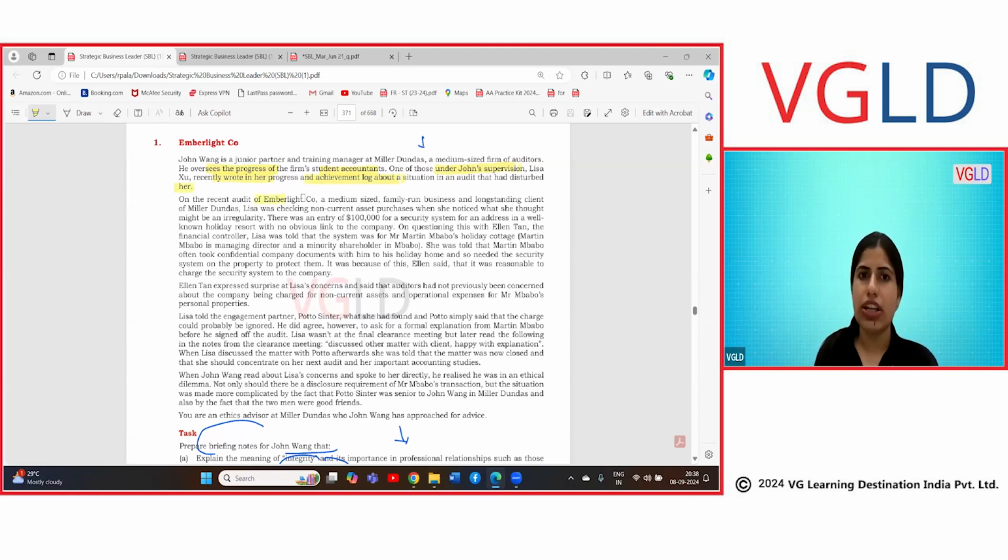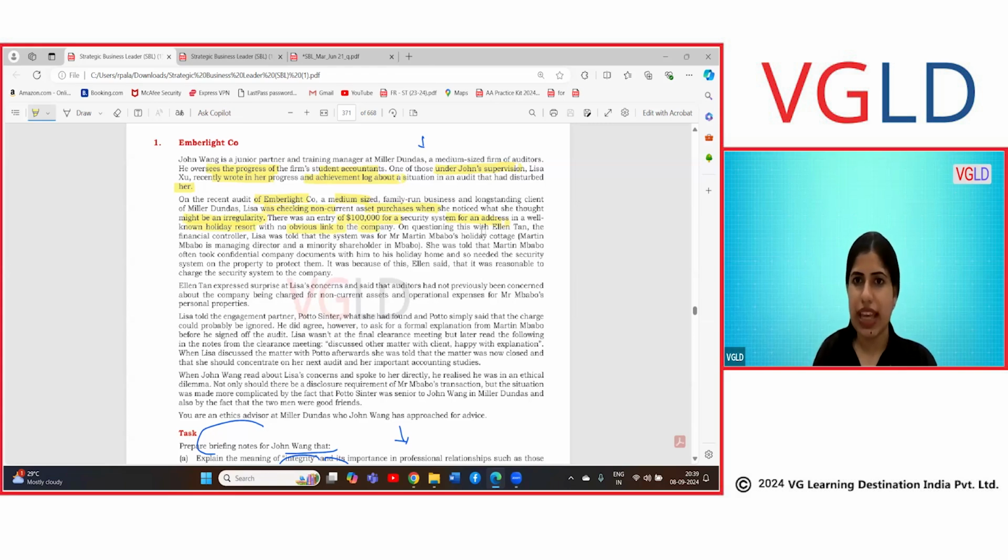On the recent audit of E, a medium-sized family-run business and long-standing client, L was checking non-current asset purchases when she noticed what she thought might be an irregularity. There was an entry of 1 lakh for a security system for an address in a well-known holiday resort with no obvious link with the company.